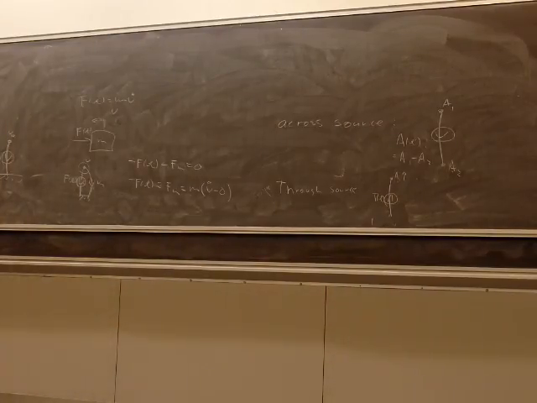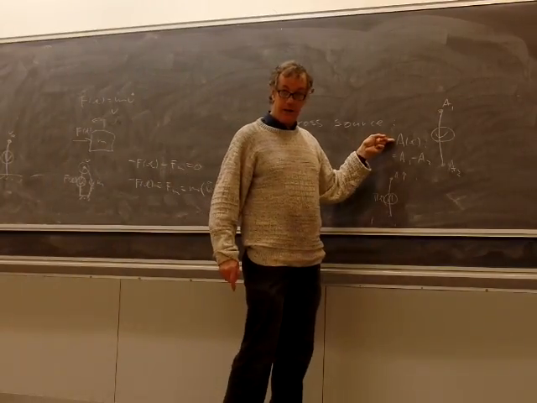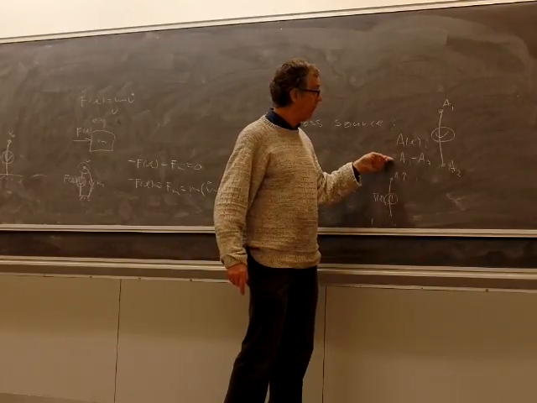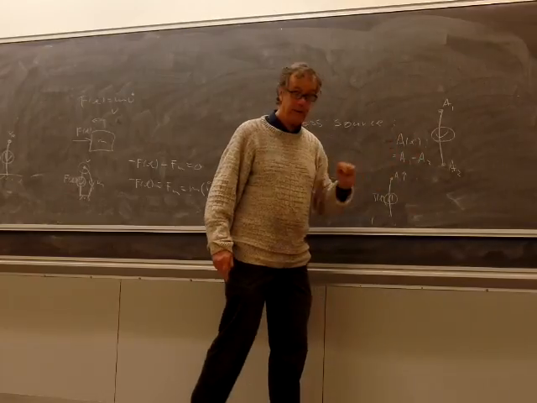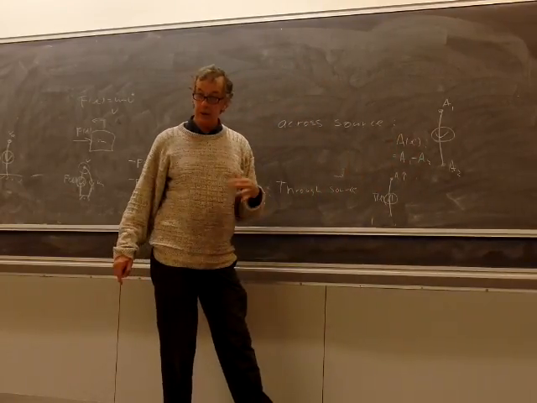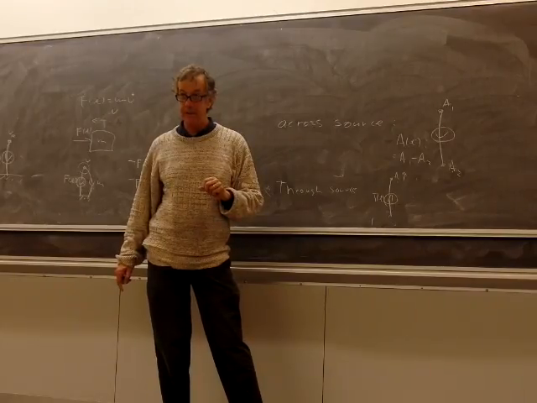Say that one more time so it fits in. All right, for a cross source, it will produce A1 minus A2 if the arrow is pointed that way. If the arrow is pointed the other way, it will be A2 minus A1. Okay?